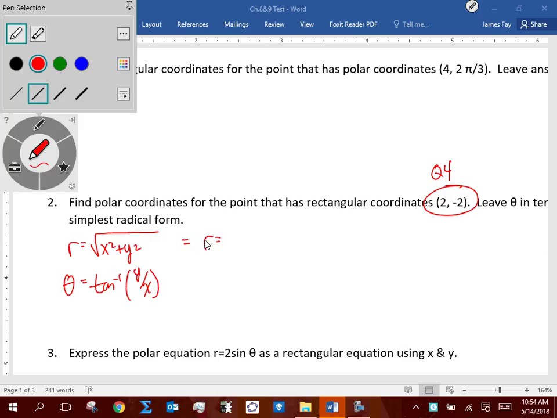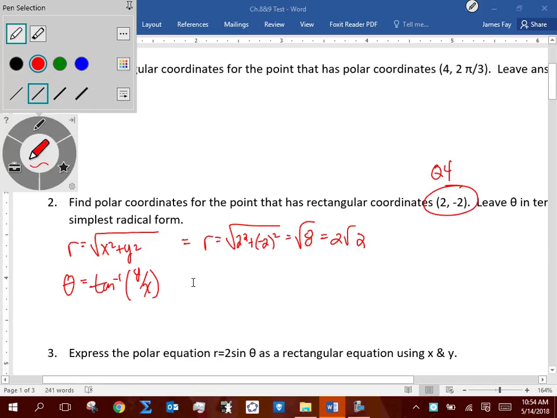So r is going to be the square root of 2 squared plus negative 2 squared, and that's 4 plus 4, which is 8. So it's root 8, which is 2 radical 2. And then theta is going to be tangent inverse of negative 2 over 2, which is going to give me negative 45 degrees.